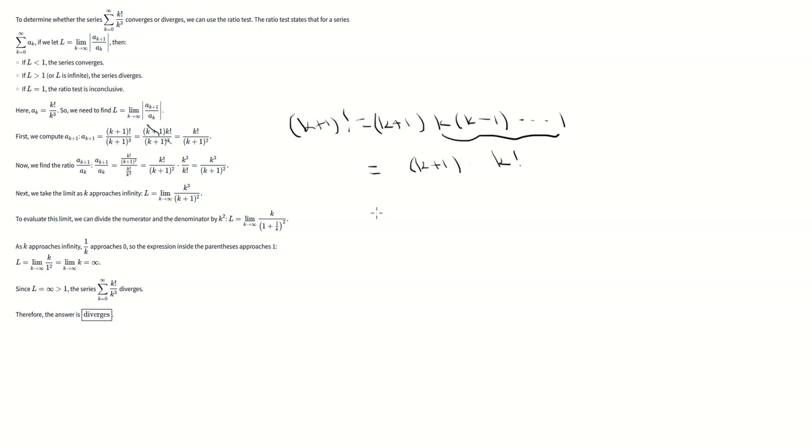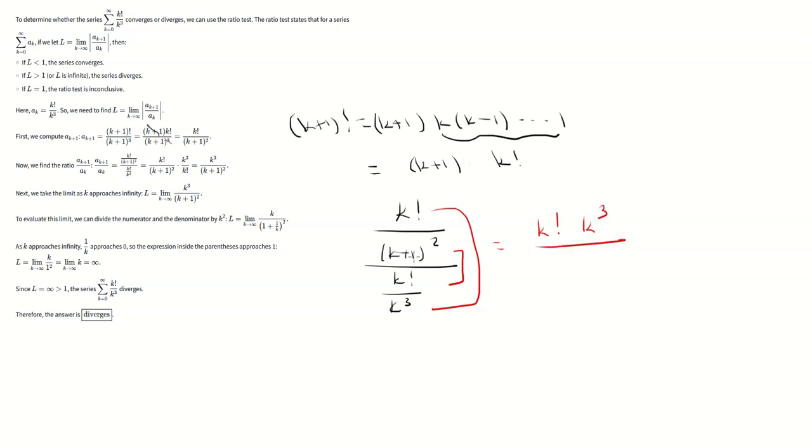So a nice way to handle this, k factorial over k plus 1 squared over k factorial divided by k cubed, is you want to multiply these two and these two. So k factorial with k cubed goes on top.